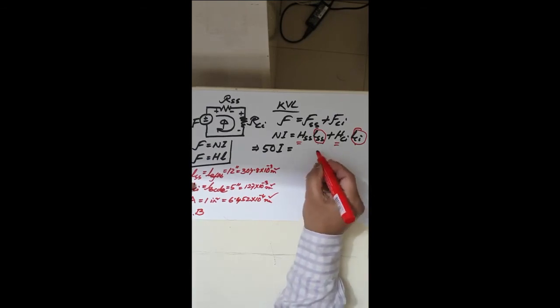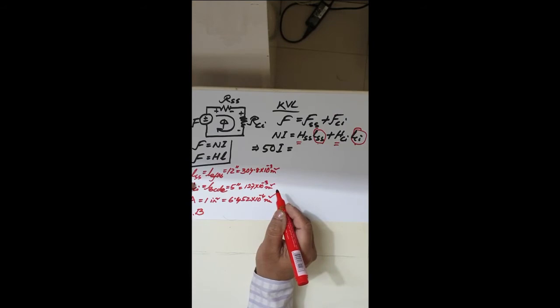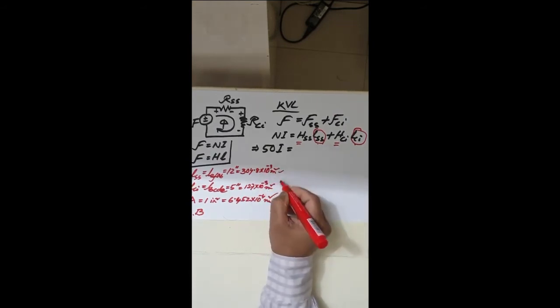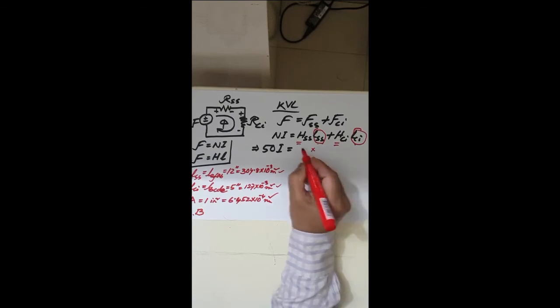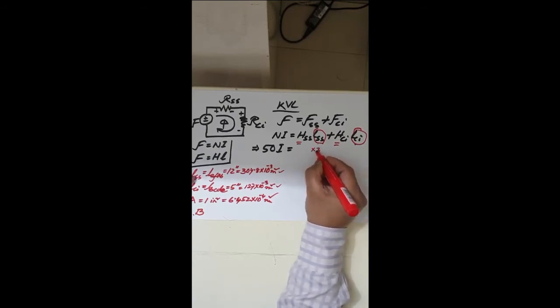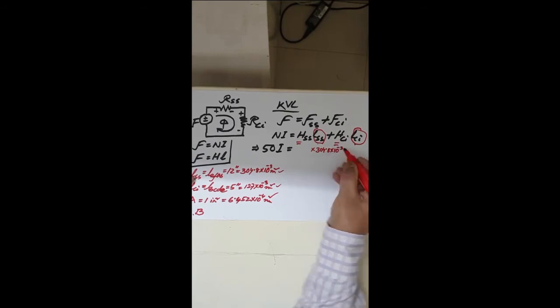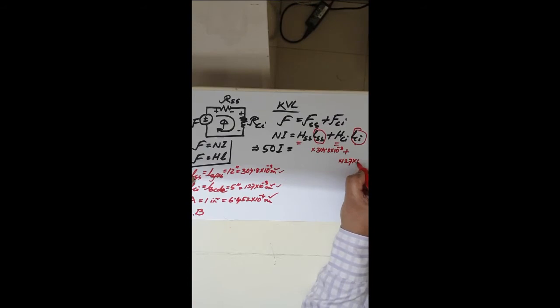So you can write this value as from here you get the LSS and LCI, and you can substitute this value LSS as 304.8 into 10 to the power minus 3 plus HSF equal to what into LCI is giving you here 127 into 10 to the power minus 3 meters square.